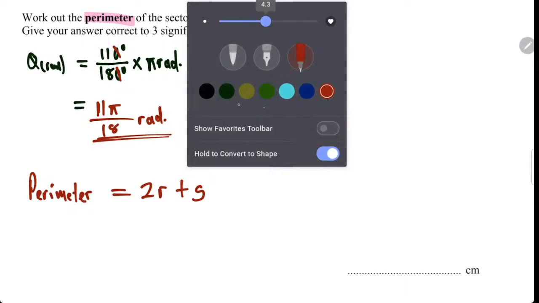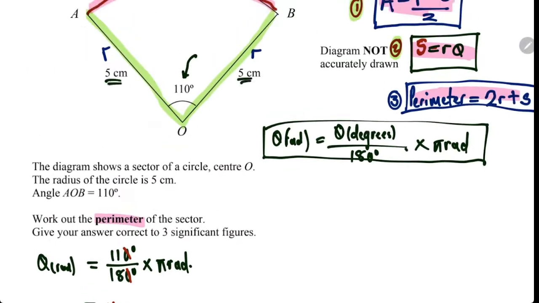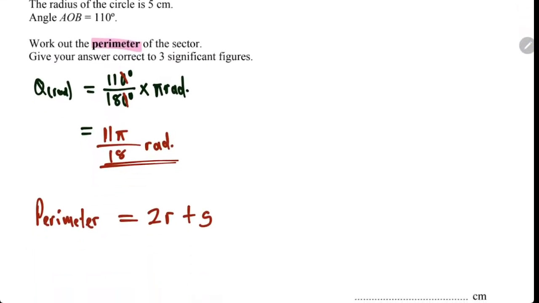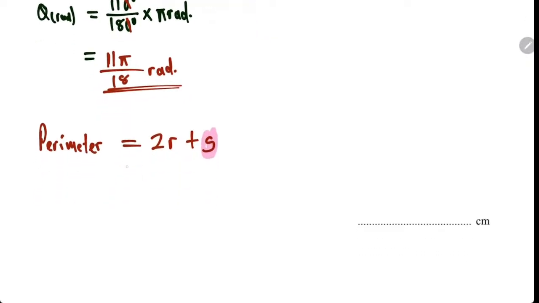Now, we know the r's, it's 5 and 5, but we don't know S for perimeter. If you don't know it, you can remove it and put what it means.